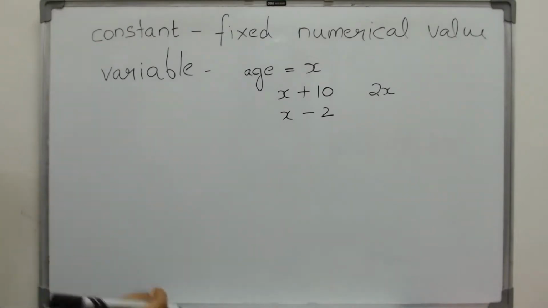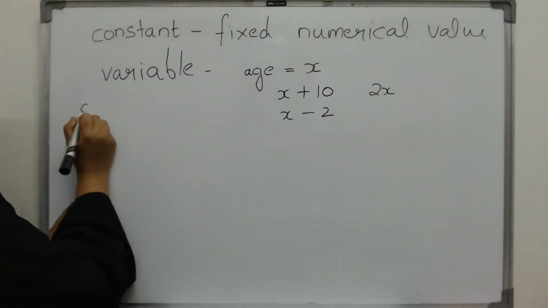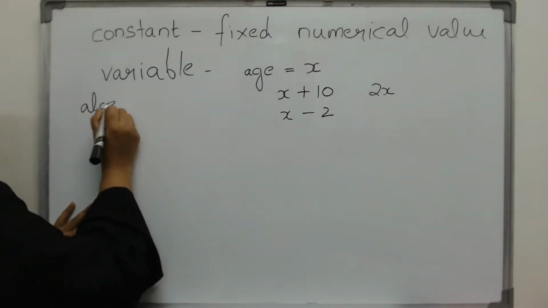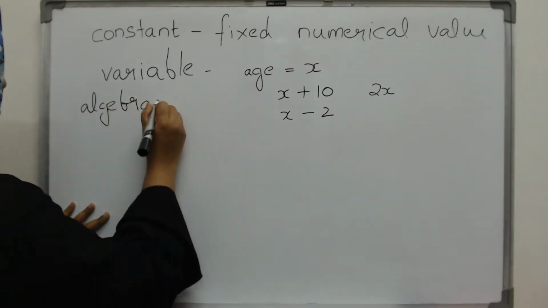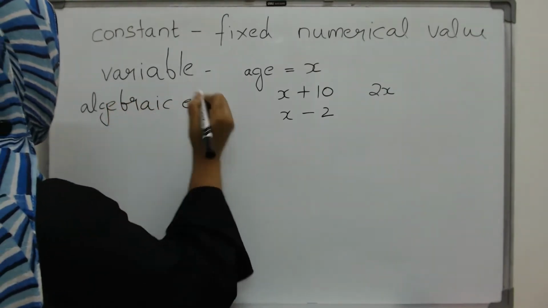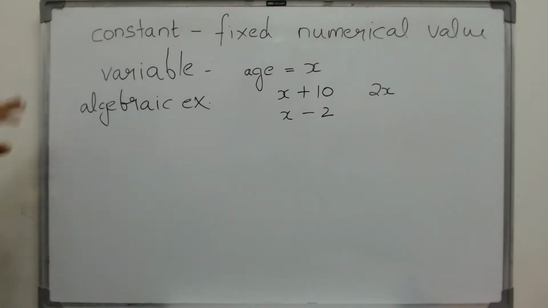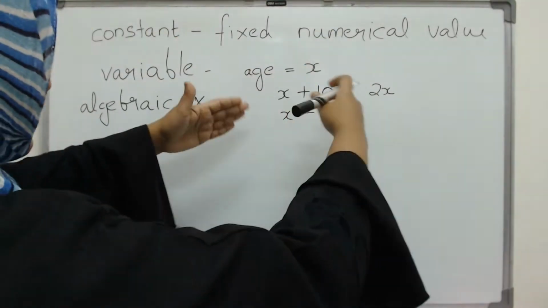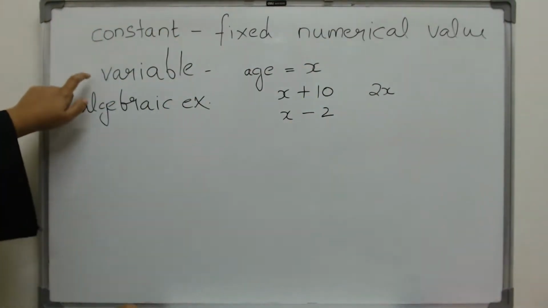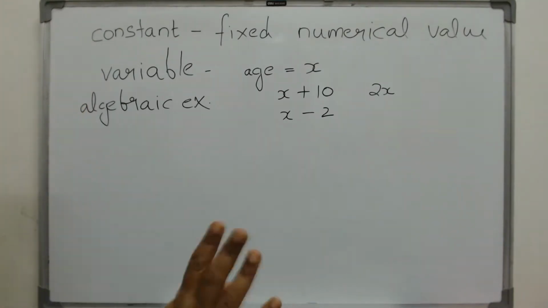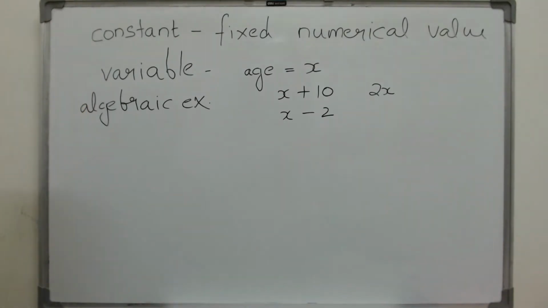Now this brings us to the next term we are going to learn today, which is in fact our topic, algebraic expressions. What are algebraic expressions? They are expressions which have constants and variables in them, and the 4 operations which you already know: addition, subtraction, multiplication and division.